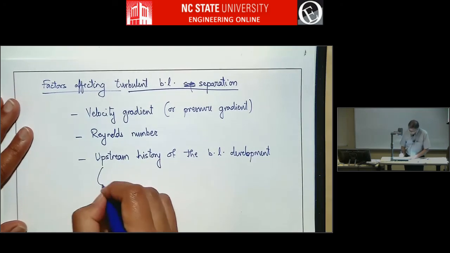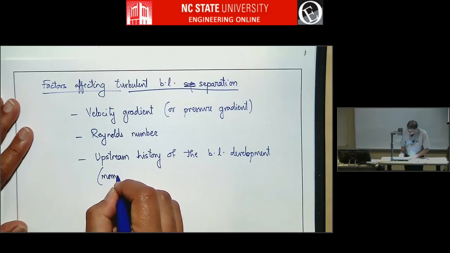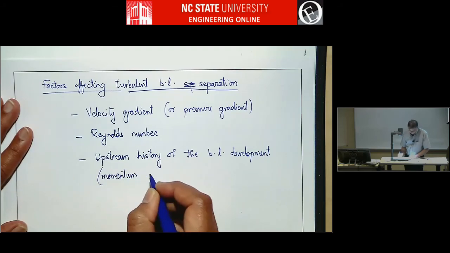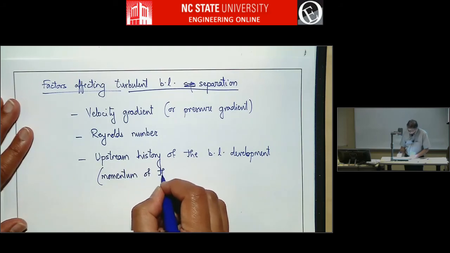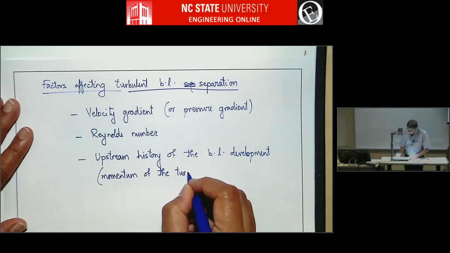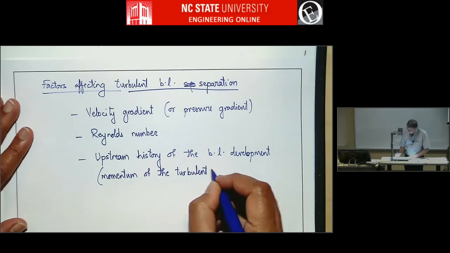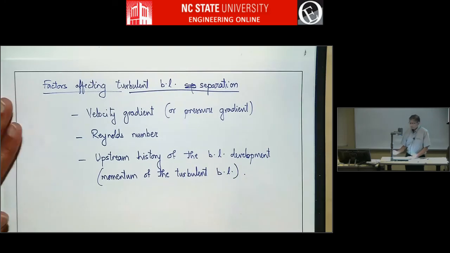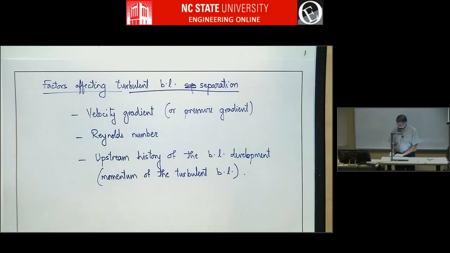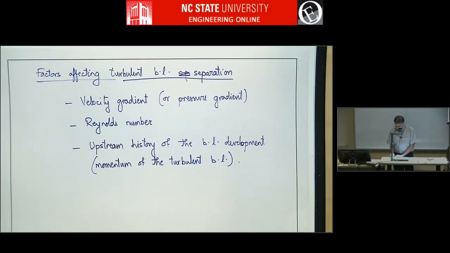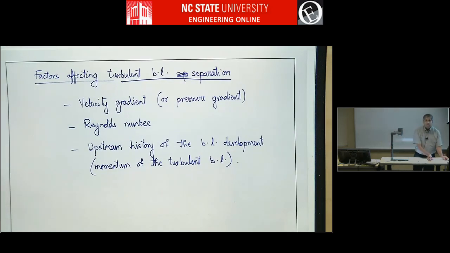Or really, what is the momentum of the turbulent boundary layer at the point that you're looking at? So let's look at the effect of velocity gradient.